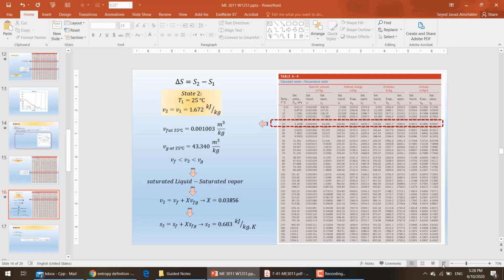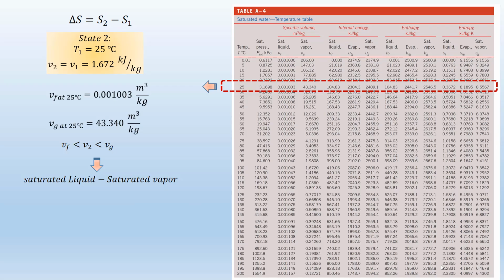Okay, so yeah, here you can see that first you need to calculate the x. Look, guys, S2 equals s_f plus x s_fg. So you need to find the quality x, and you can find the quality by using ν_f and ν_g, because ν2, ν_f and ν_g are available. So by using ν2, ν_f and ν_fg, x is 0.3856.